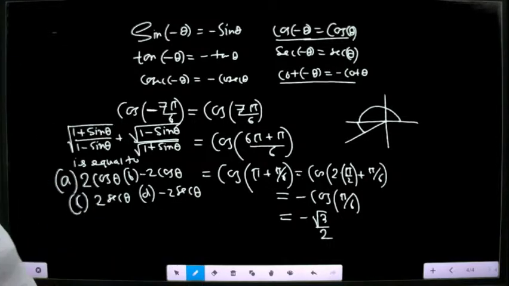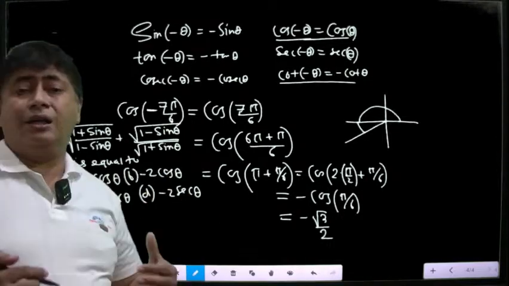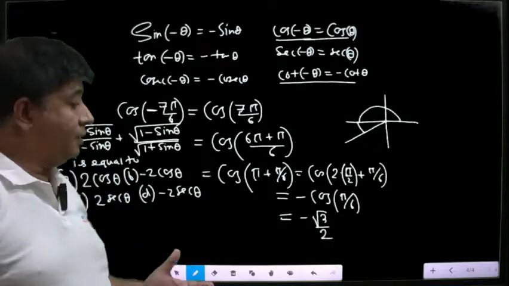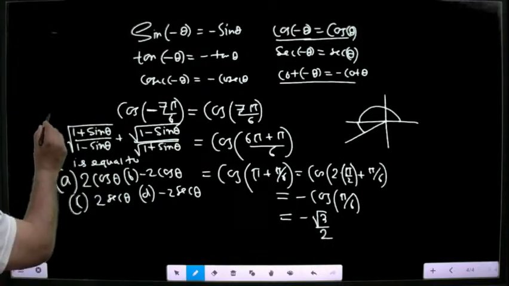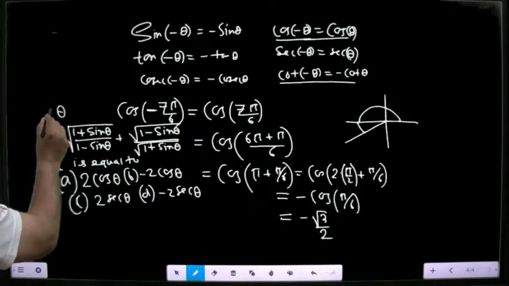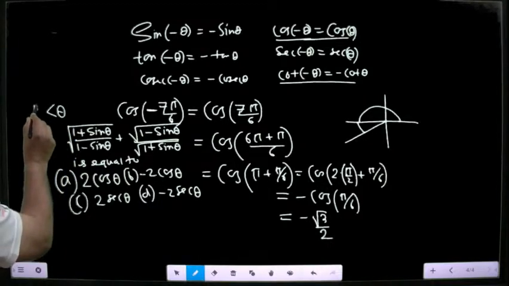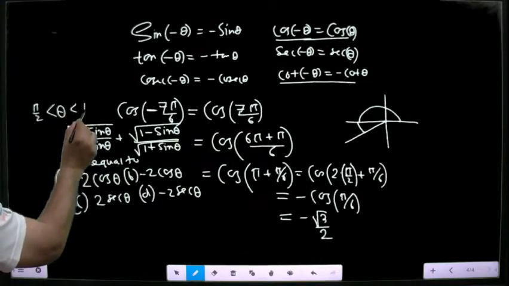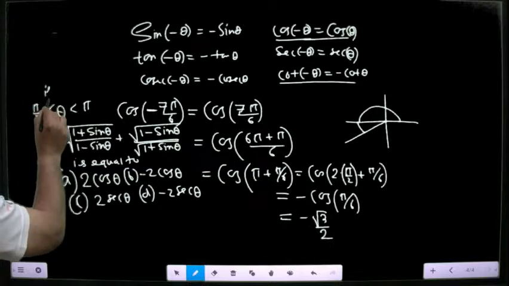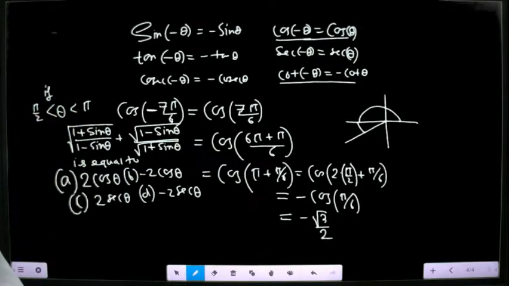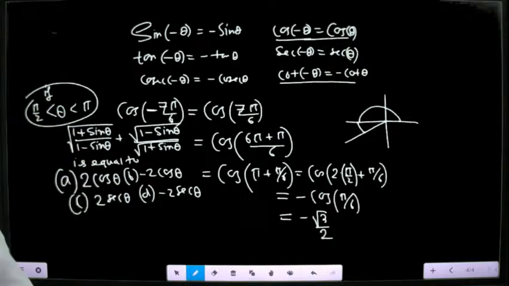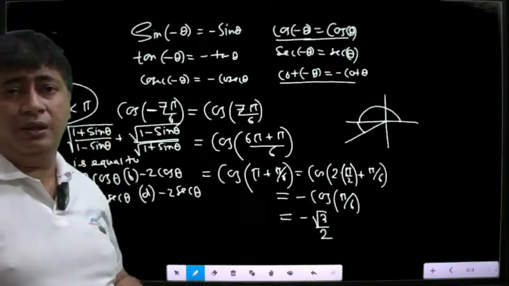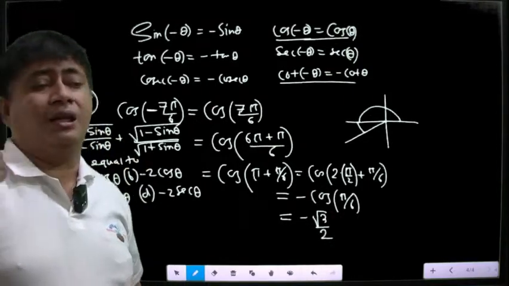So you will feel this is a very easy sum, but one condition has been imposed with it: theta lies between pi by 2 to pi. Had this condition not been imposed, it would be simple class 10 level trigonometry.